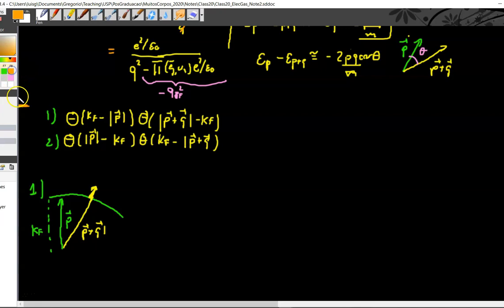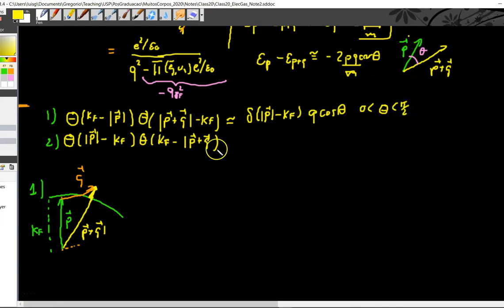So the momentum Q would be this. This is Q, so that this angle theta, in this case I could try to approximate, if P is almost kF, then this should have Q with a cosine of theta, where theta should run from 0 to pi over 2.